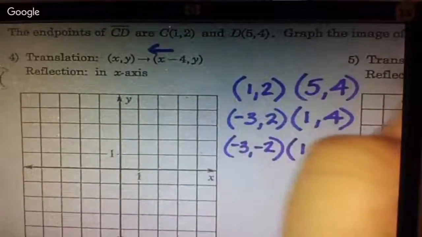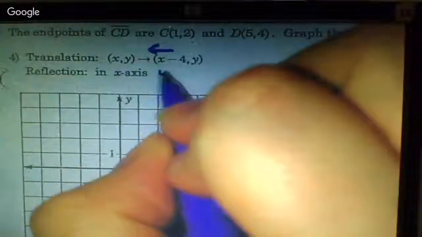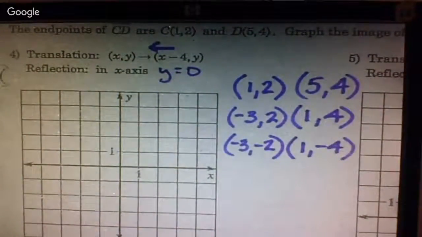Your y's become negative, because if you think about it, your x-axis is the same thing as y equals 0. When you're on your x-axis, your y value is 0. When you reflect in the x-axis, your y's become negative or positive, depending on what they start at. Your y's change sign.